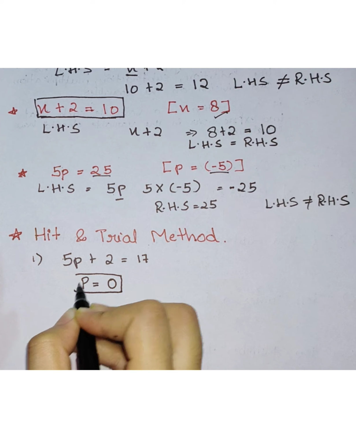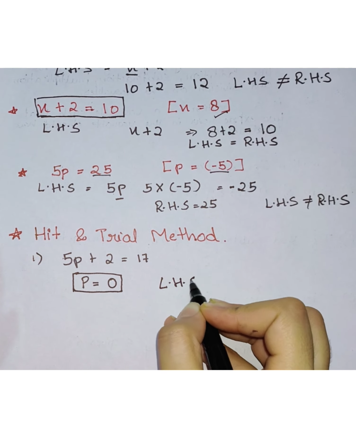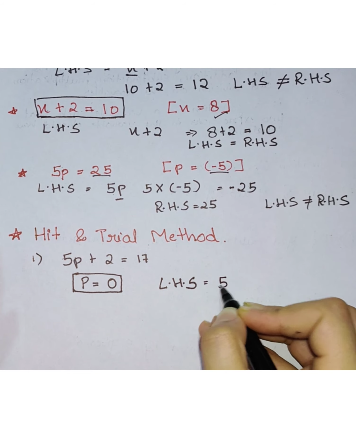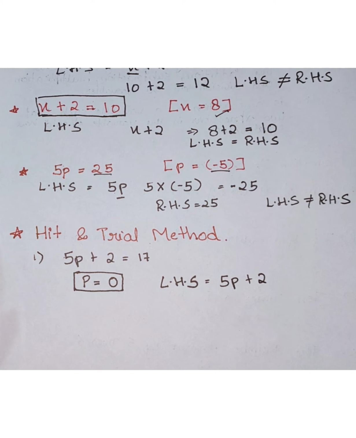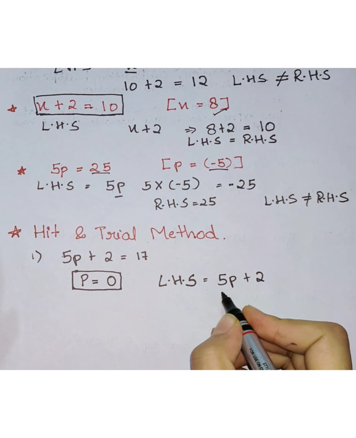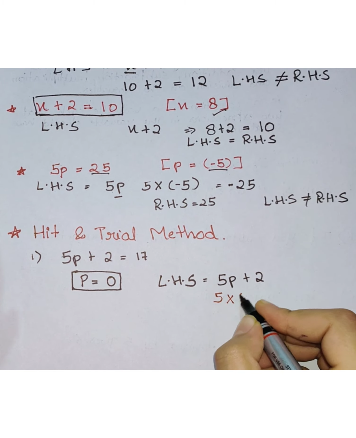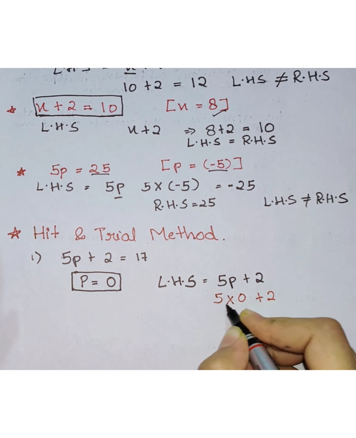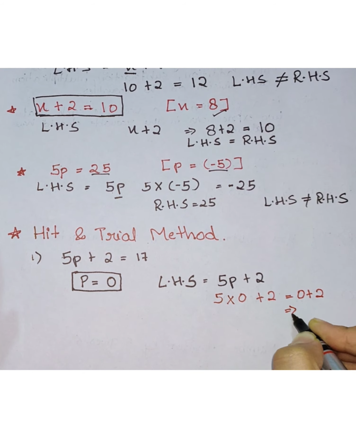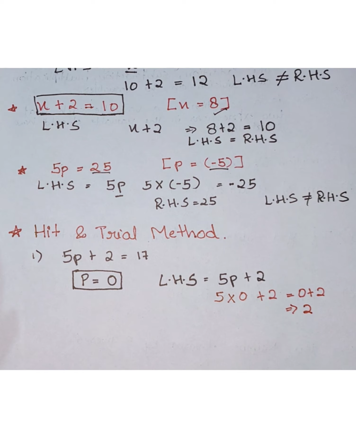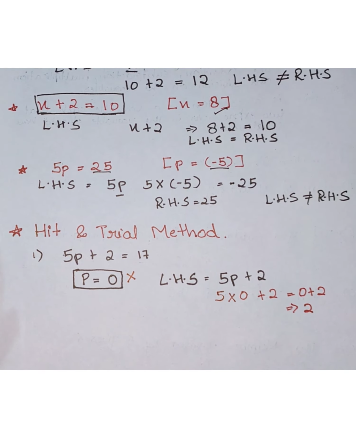We'll take our left hand side, 5p plus 2. Now putting 0 in place of p, 5 into 0 plus 2. 5 zeros are 0, plus 2 is equal to 2. But on the right hand side what we need is 17. So this doesn't satisfy the equation.